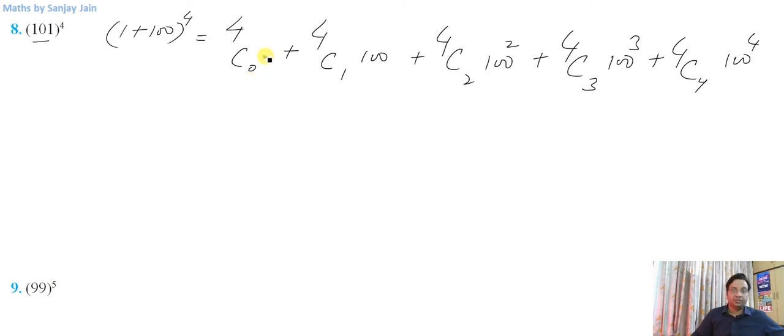Here it would have been 100 raised to power 0, so I have not written it because it is 1. So this is 1 plus, this is 4 into 100, so 400.